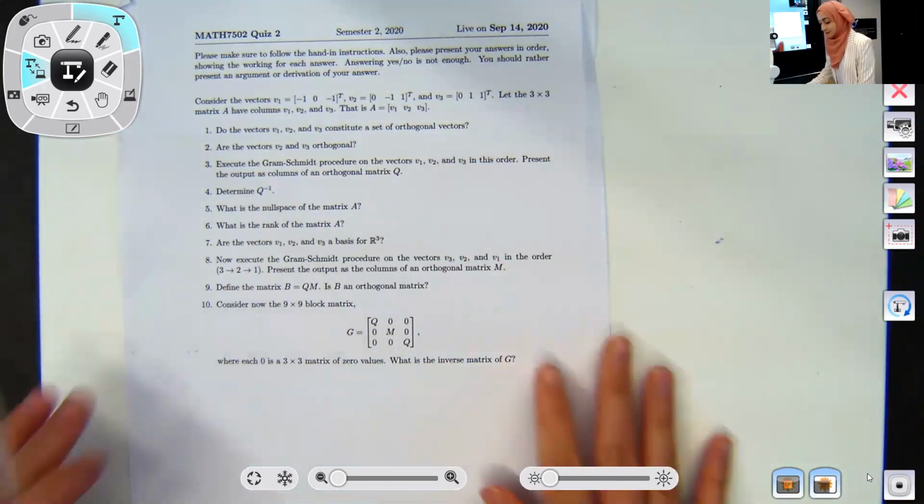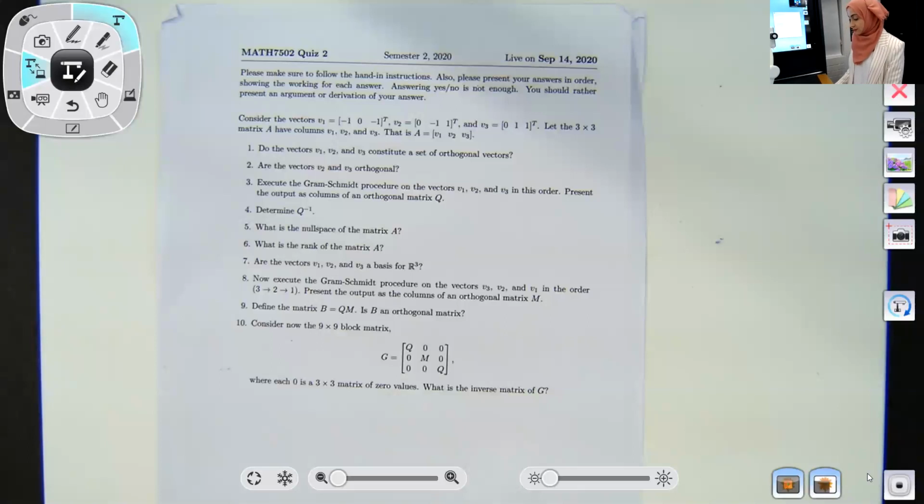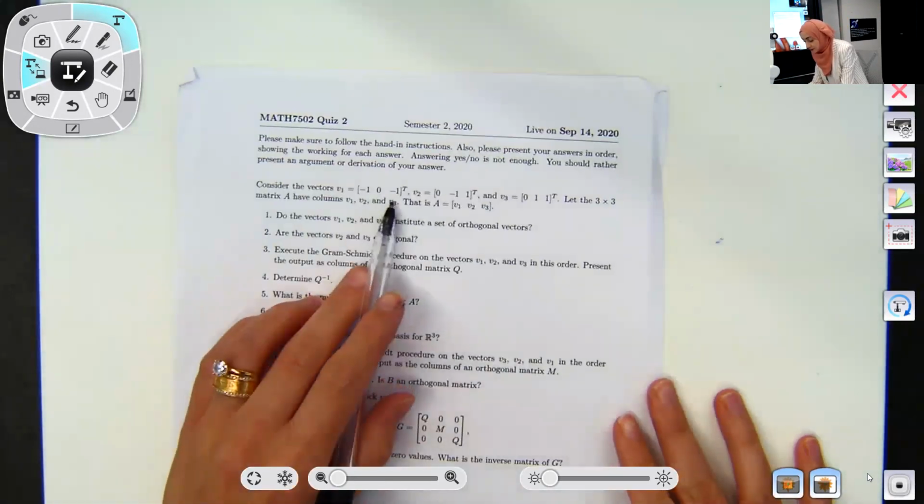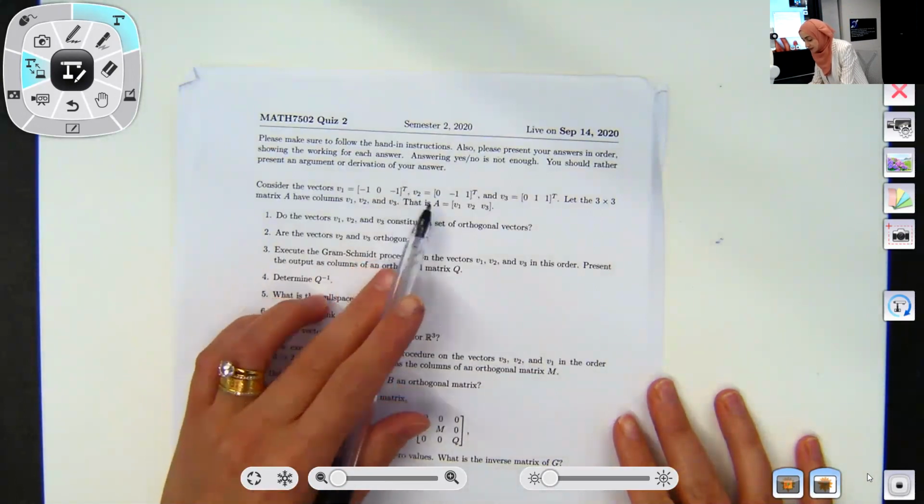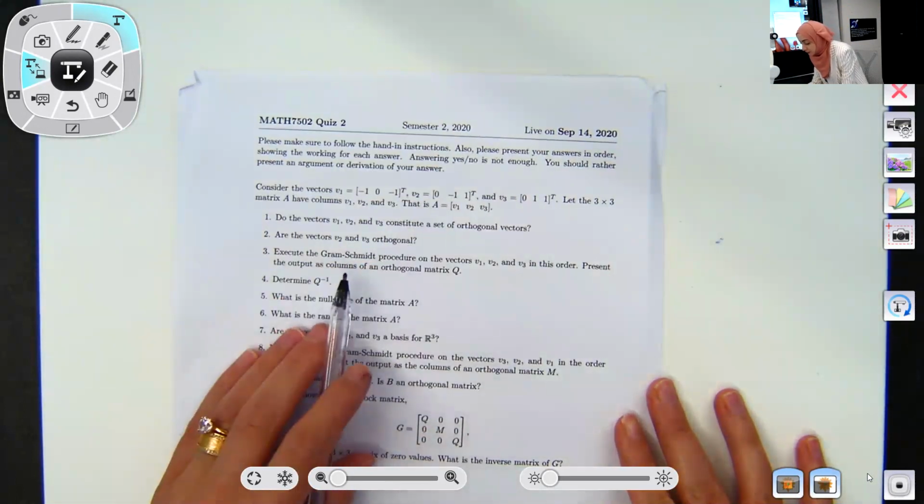Hi. Let's start with the questions from a quiz. So let's try to find question 1 up to question 7. At the beginning, in question 1, they ask, consider the vectors v1 equals (-1, 0, -1) transpose, v2 is (0, -1, 1) transpose, and v3 equals (0, 1, 1) transpose. Let the 3 by 3 matrix A have columns v1, v2, and v3.